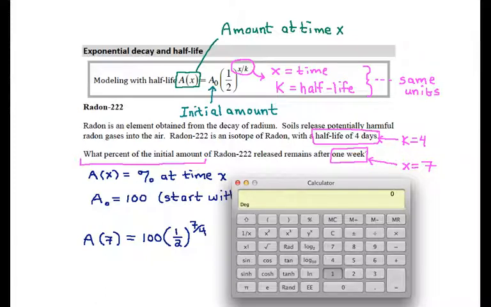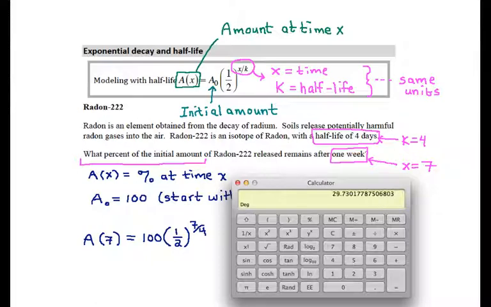So to put this in my calculator, I can enter it from left to right as long as I'm careful about parentheses. I'll say 100 times 0.5 to the power. Now I'm going to put my power 7/4 in parentheses. If I don't have that power 7 divided by 4 in parentheses, then order of operations is going to take over and cause me to raise 1/2 to the power 7 and then just divide the whole result by 4.